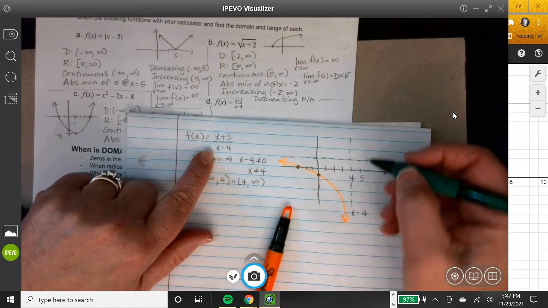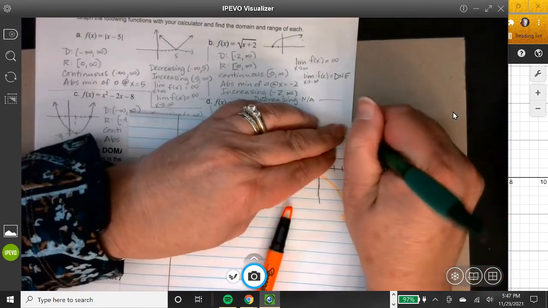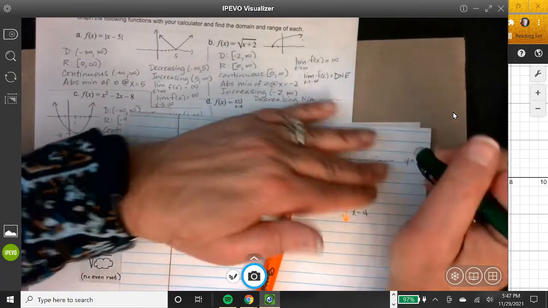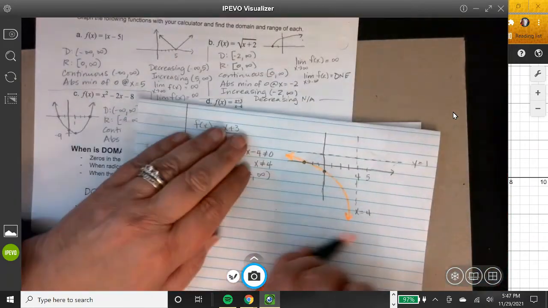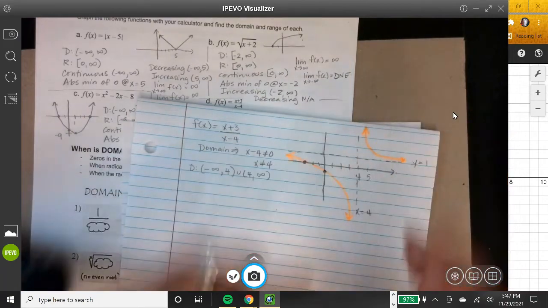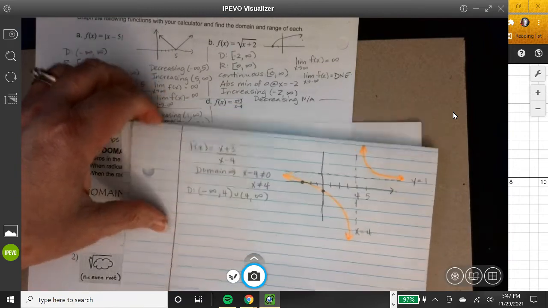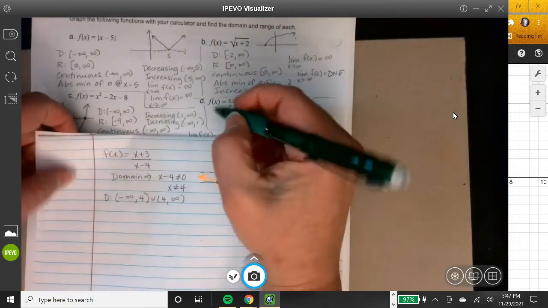So 8 over 1 is going to be way up here. So it's going to look like this on this side. Whoops, I changed mid-graph here. There you go.